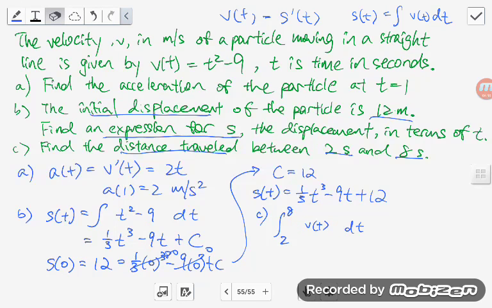So when you are using your calculator, make sure you put down the absolute value when you're trying to find the distance. Let me change my v of t in this case: v of t is equal to the absolute value of t squared minus 9, with respect to t.